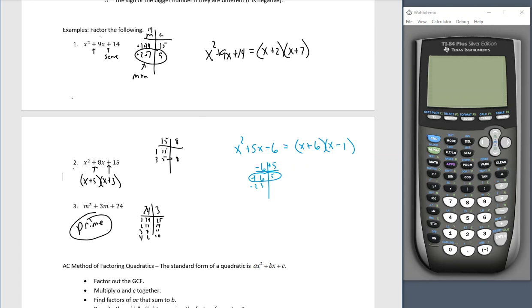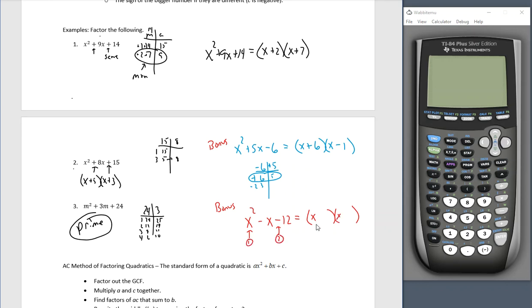I'll give you another example, just these are bonus examples. See if I can find a good one here. X squared minus x minus 12. So I start with x squared, that's going to be x times x.